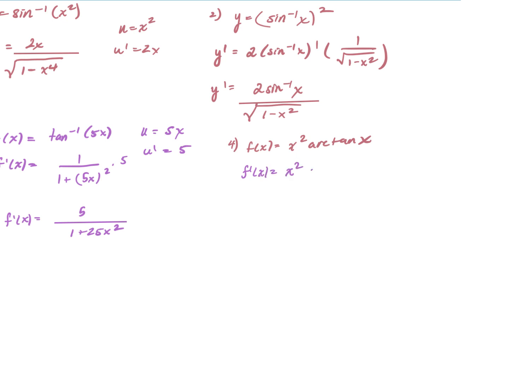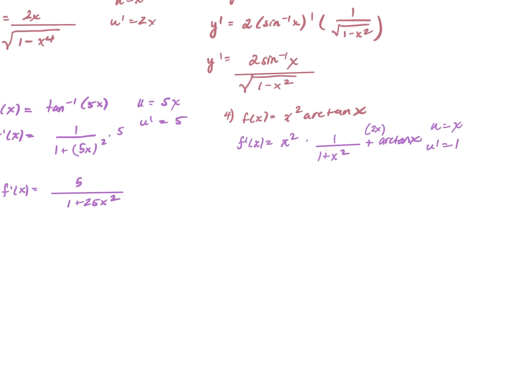So again, my u here is x, so u prime is just 1. Okay, so it's going to be 1 over, this is the formula, 1 plus x squared. So first times derivative of the second plus the second, so arctan of x, times derivative of the first, which is 2x. I'm just going to throw it here in the front.